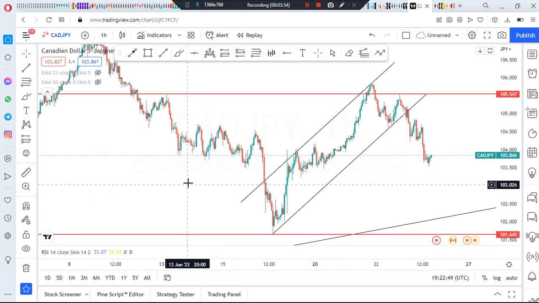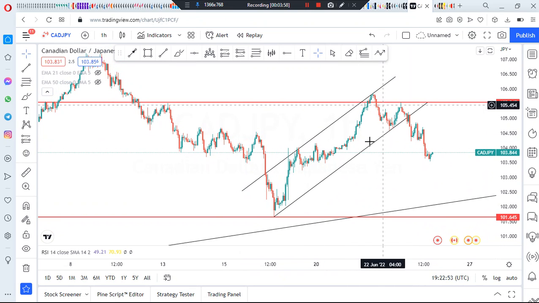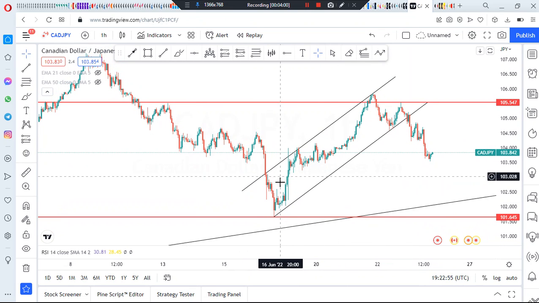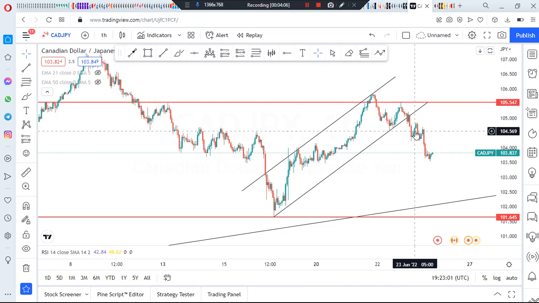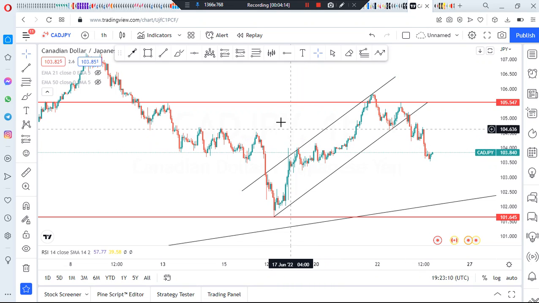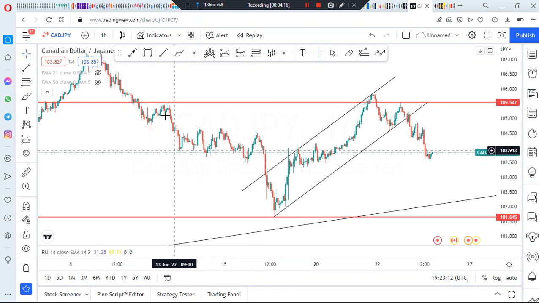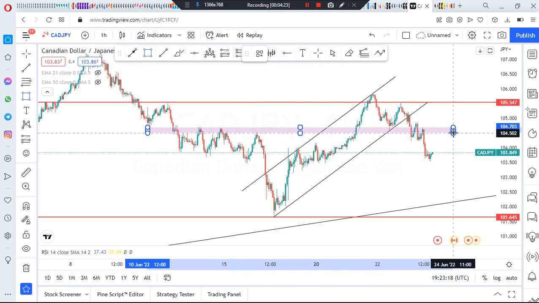Now that we have price playing within this structure, as you can see, price is trickling within here, then it touched here and finally broke below our trend line. This is what we are waiting for, price to break outside our trend, so that we can actually start looking for positions.